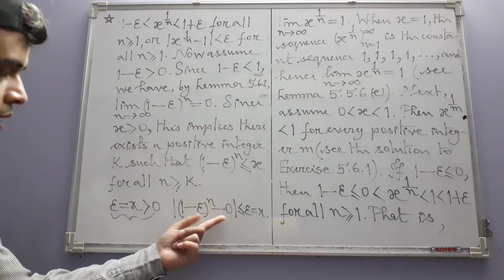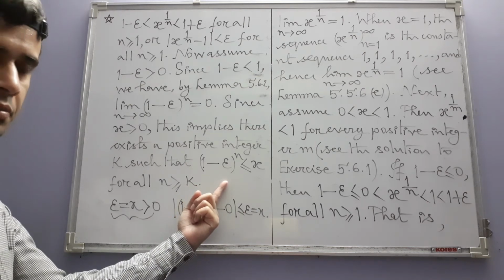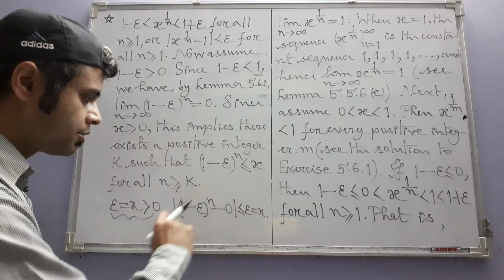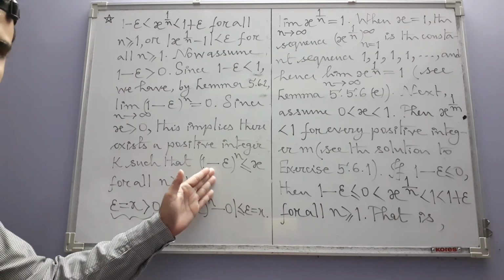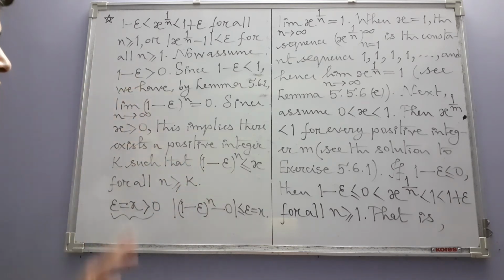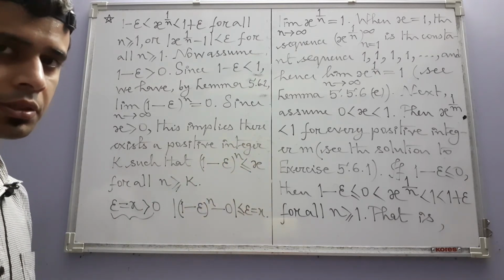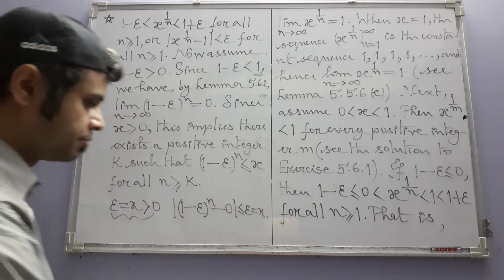Of course 0 vanishes, but what about the absolute value? The absolute value can be removed, because 1 minus epsilon is positive, and that's why (1 minus epsilon) to the power n is also positive. So that's how we get these inequalities.